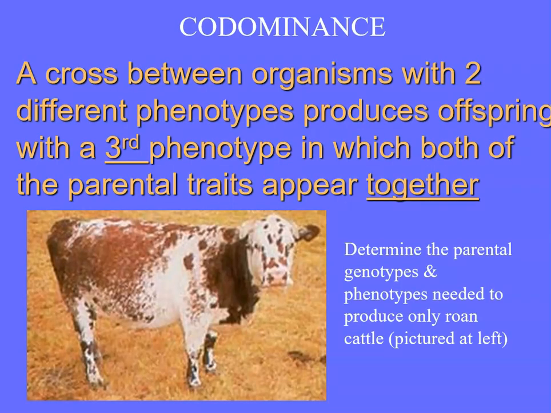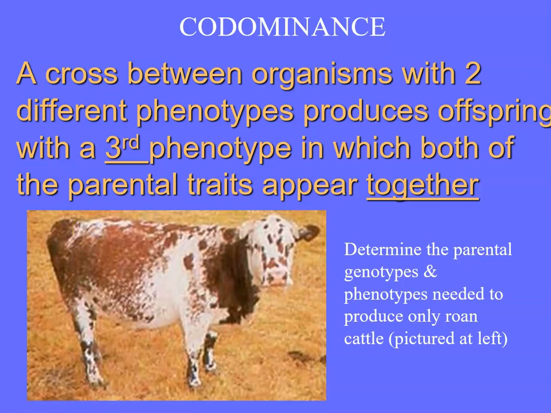So in our next example, we're going to look at another scenario that's an exception to Mendel's rules of complete dominance: codominance. And this is when you have a cross between organisms with two different phenotypes that produce offspring with a third phenotype in which both of the parental traits appear together. So as shown here for this cow, it has both white and brown spots on its body.